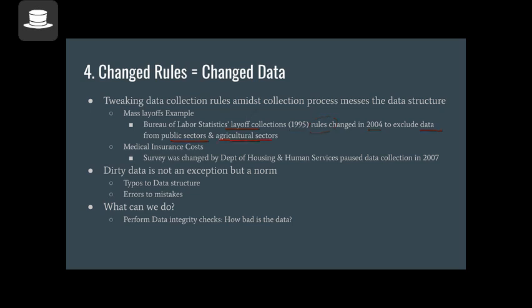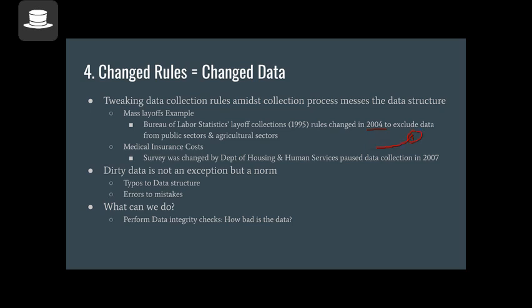So what happens then is that the data structure might be the same, but given the rules are changed, the information from 1995 to 2004 would involve both private and public sectors. But starting 2004, the information only has layoffs specific to the private sector. So if you're trying to compare the layoffs before and after 2004, there is a discontinuity, right? Because you don't have public sector data beyond 2004.